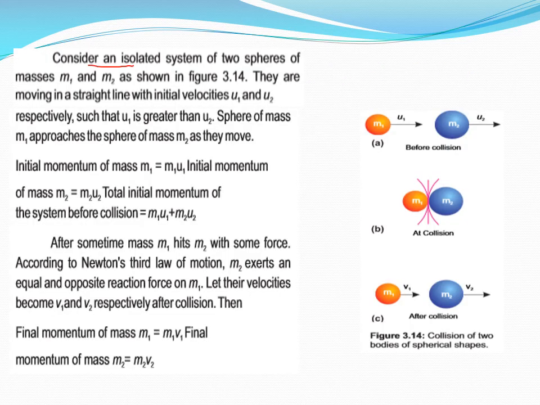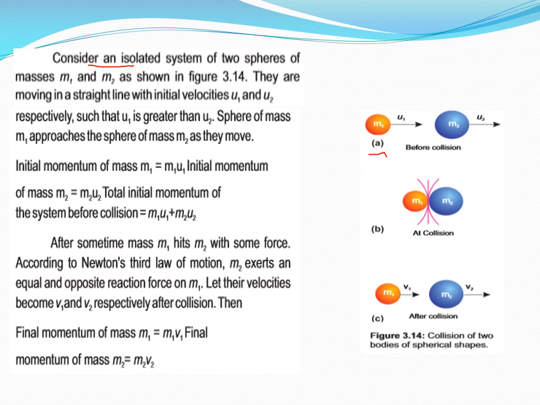Consider an isolated system of two spheres of masses m1 and m2 as shown in figure 3.14a. Here, dear students, we are observing two metallic balls or spheres of masses m1 and m2.